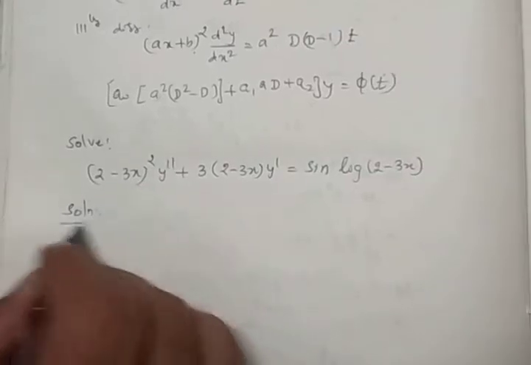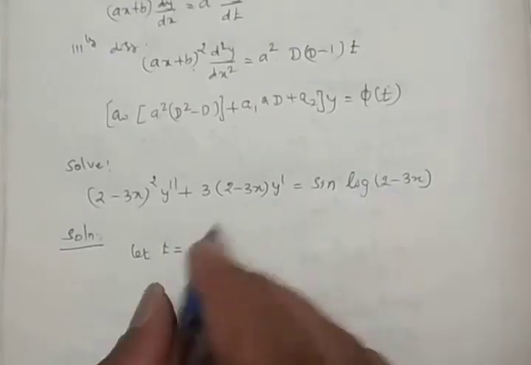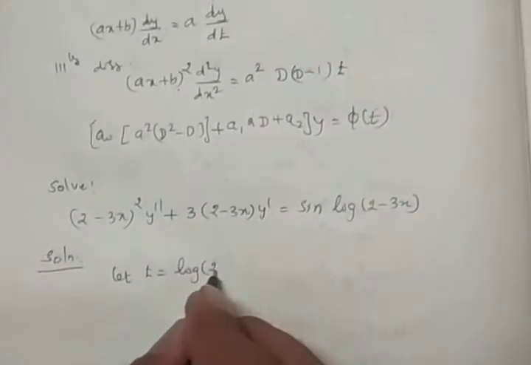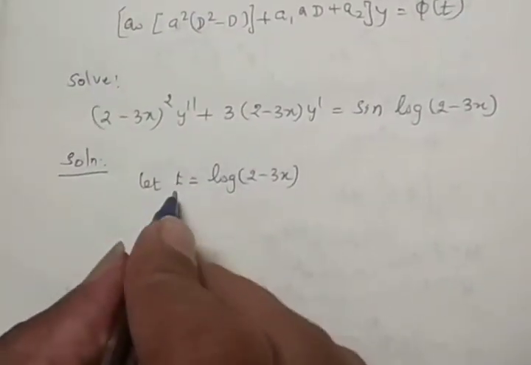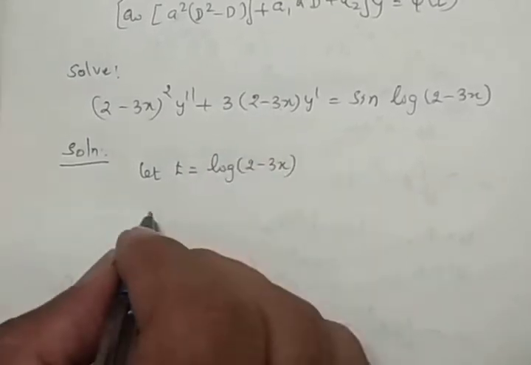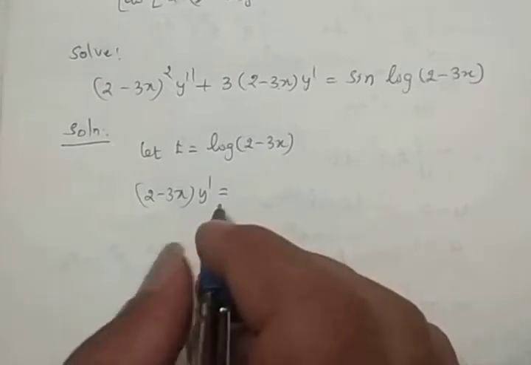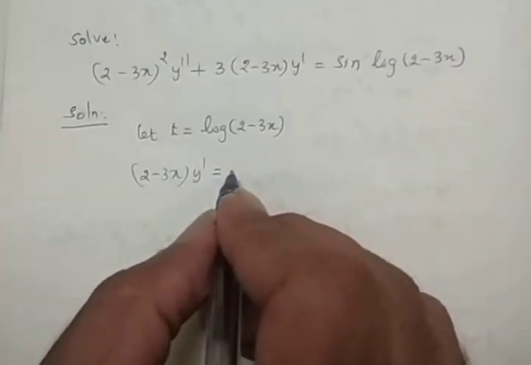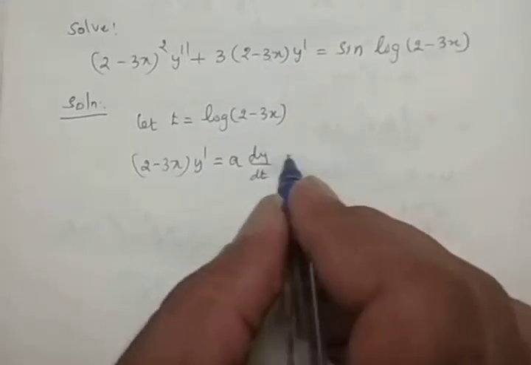Now, to solve this one, we must consider t = log(2 - 3x). So here we write it directly: (2 - 3x) y' can be written as a dy by dt. So what is a?